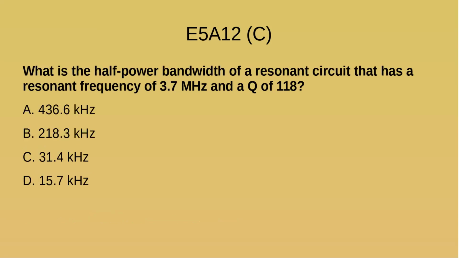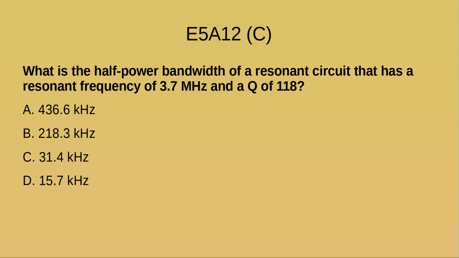What's the half power bandwidth of a resonant circuit that has a resonant frequency of 3.7 megahertz and a Q of 118? Same problem, different numbers. There's one number that goes: 3.7 divided by 118 has got to be 31, so the rest of it is immaterial.